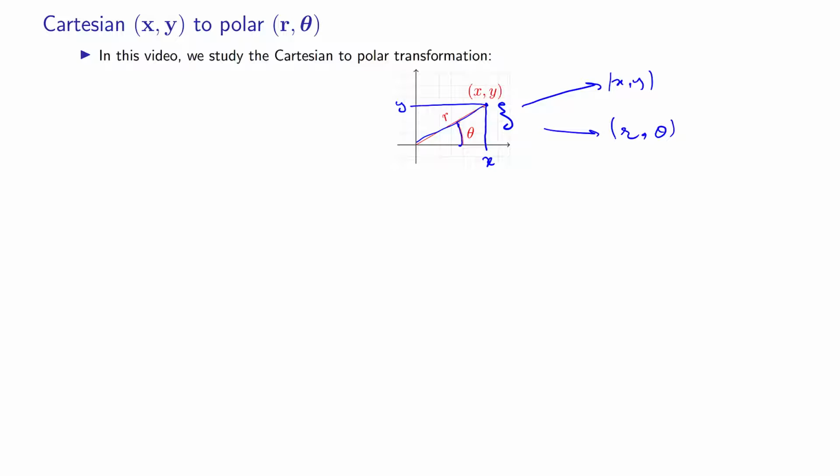So the relationship between xy and r theta is that in this triangle, this height is y and this is x. So obviously we see that x is equal to r cosine of theta and y is r sine of theta.